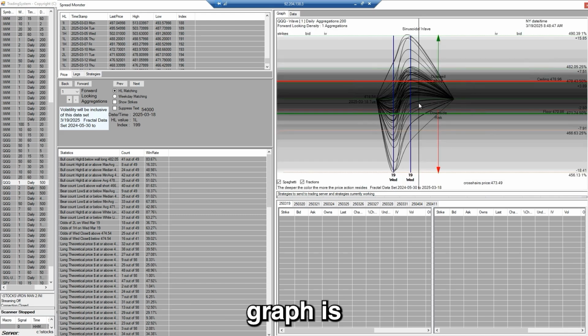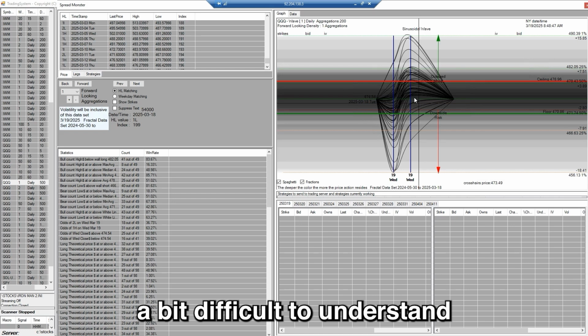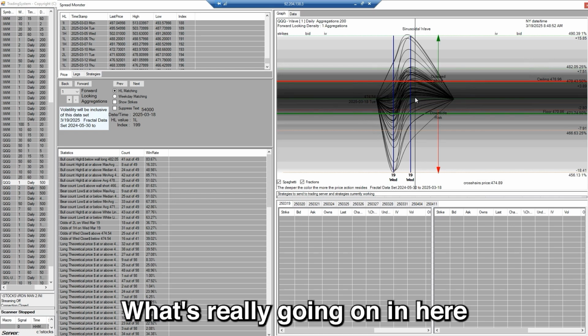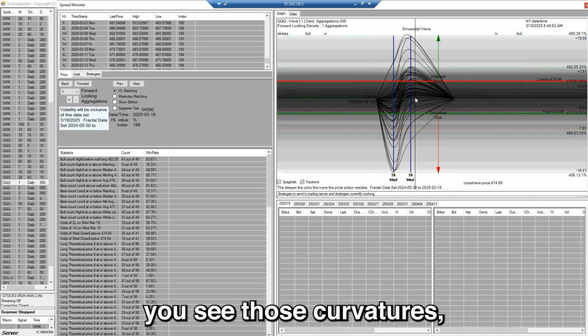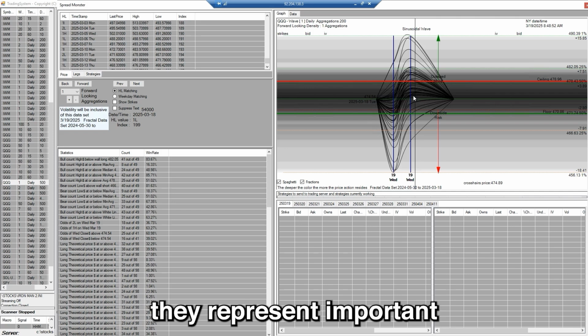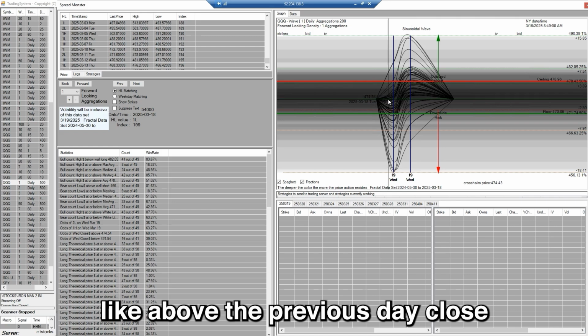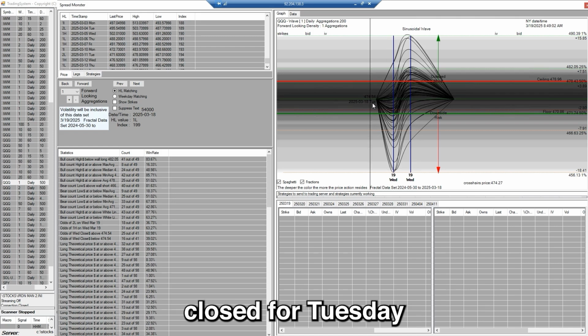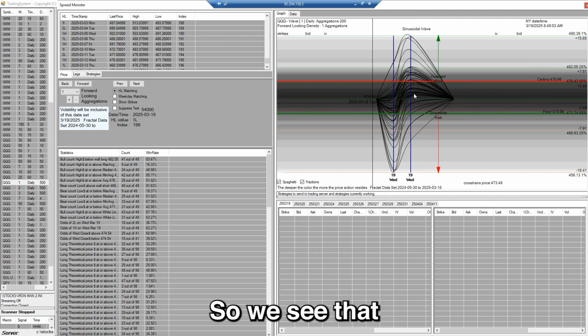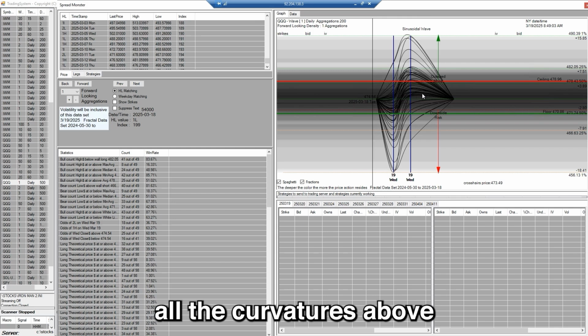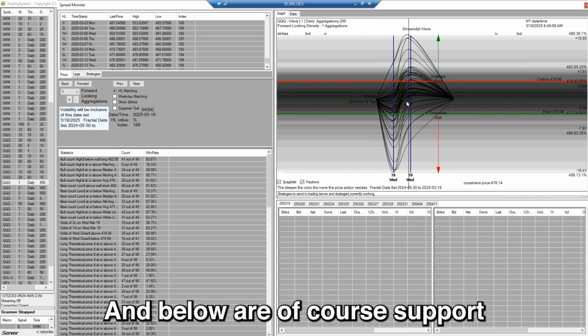Now the density graph is a bit difficult to understand, in terms of what's really going on in here. Basically, wherever you see those curvatures, they represent important reversal levels. Above the previous day close, this is the previous day close for Tuesday, so today is Wednesday, all the curvatures above the previous day close are resistances and below are of course support.